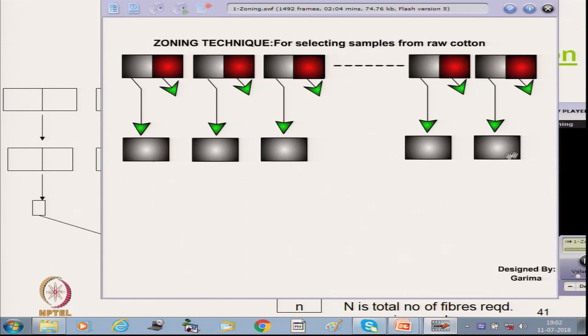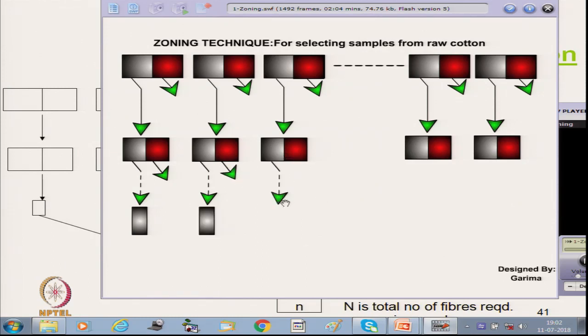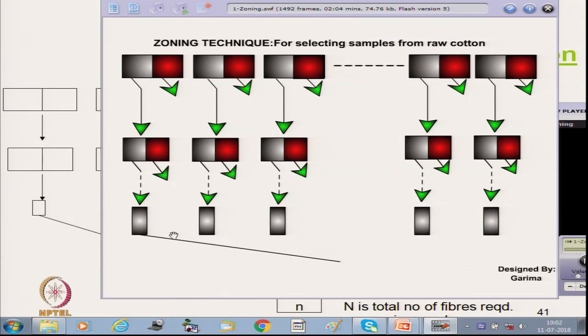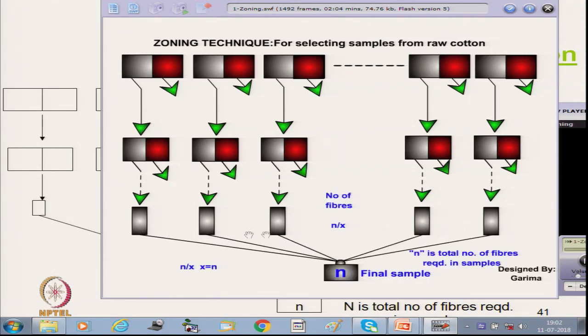Then this again we are dividing into two parts by rotating 90 degrees, and again we are discarding. In this way the number of fibers and the quantity of material are reducing, and ultimately the final quantity will be the addition of all of these.